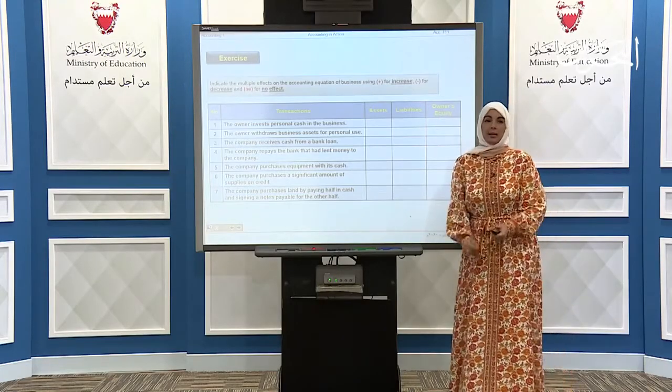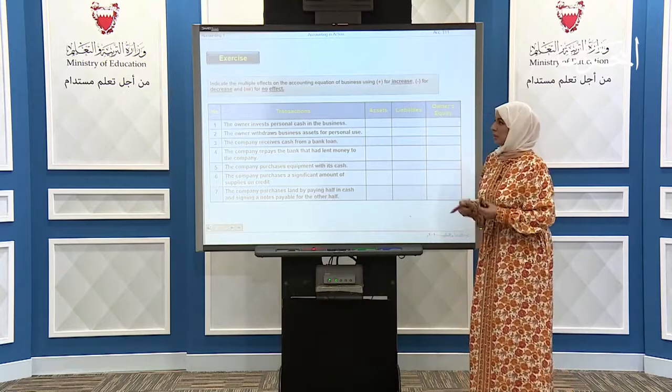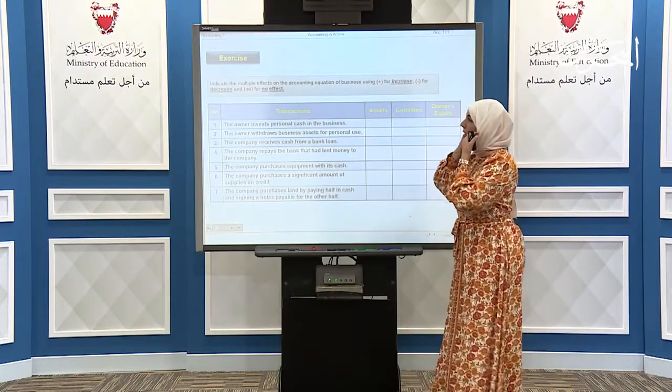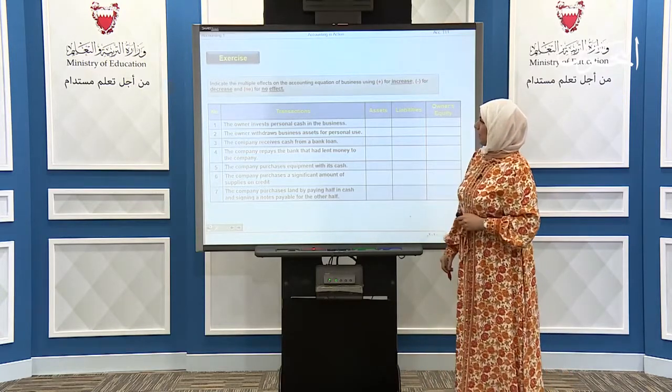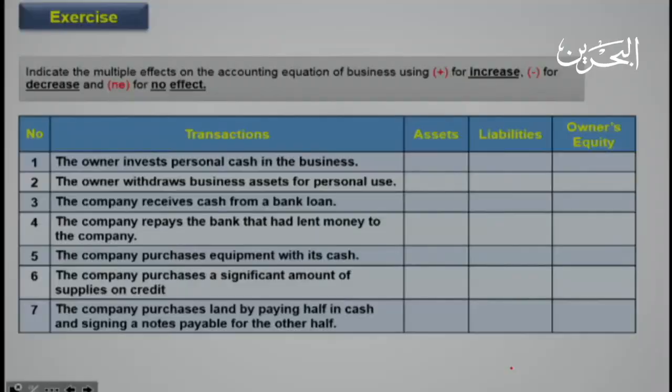Let us take an exercise, my dear student. The exercise we have indicates the multiple effects on the accounting equation of the business, using the plus for the increase, the minus for the decrease, and no effect for a transaction that has no effect on it. You have a few minutes to take a look at the transactions we have.